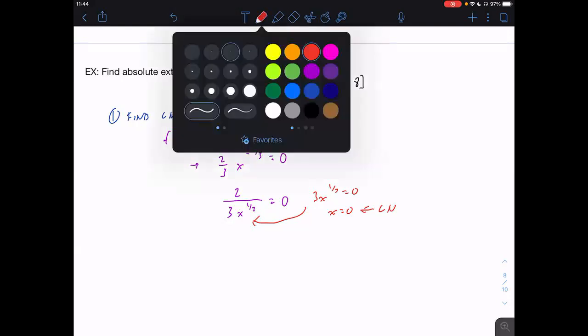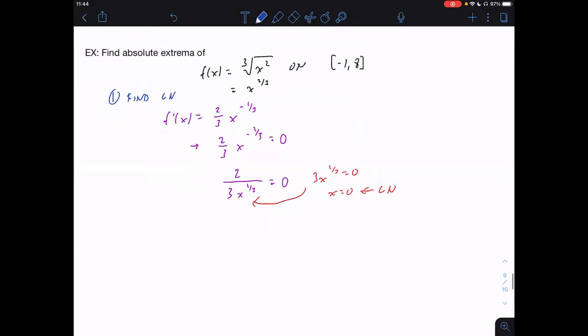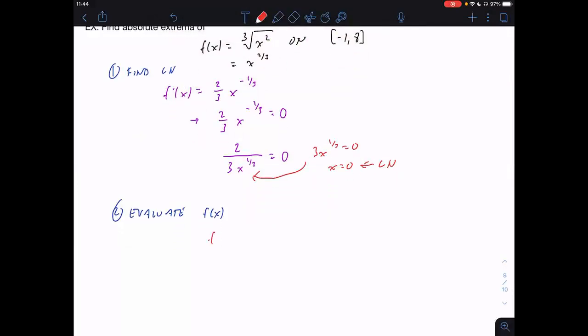Okay. So now the second step, evaluation time. Let's evaluate our function of x at this critical number that we found, and also our two endpoints. So once again, we're going to plug in our critical number, which was 0, and our endpoints, which were negative 1 and 8, into the original function.